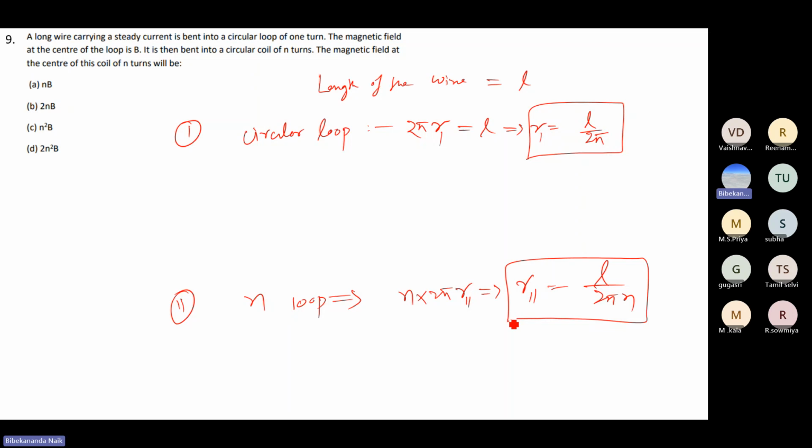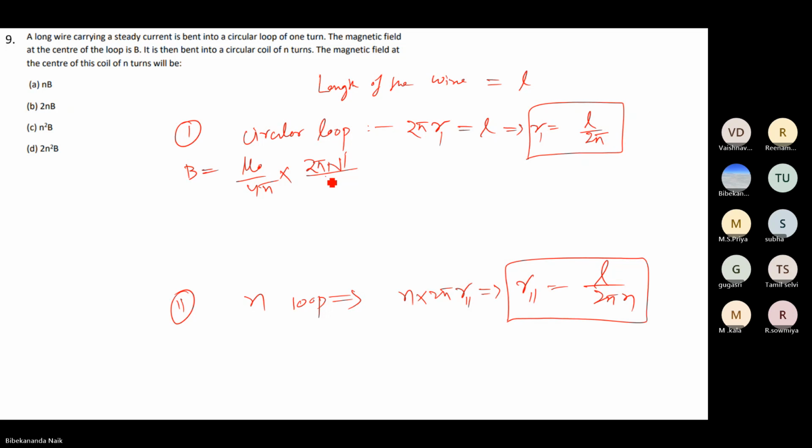Now, if you remember, the magnetic field at the center of the loop is given by B equals mu 0 I by 2R, that is mu 0 by 4 pi into 2 pi N I divided by R, where N is the number of turns and I is the current.